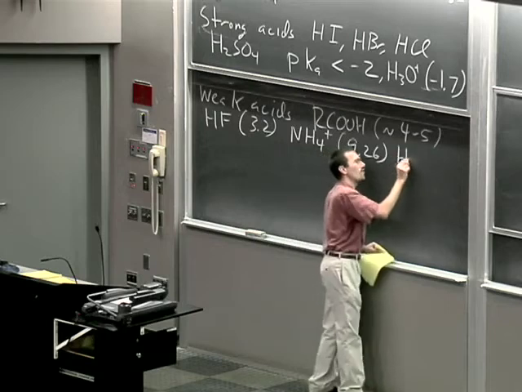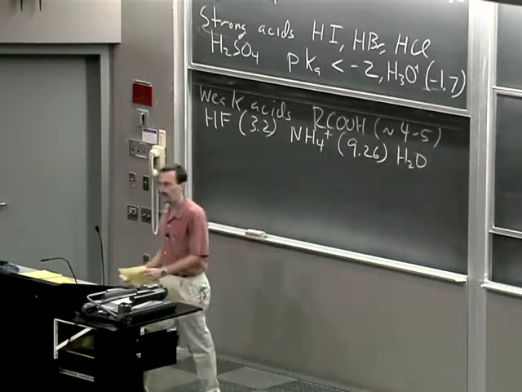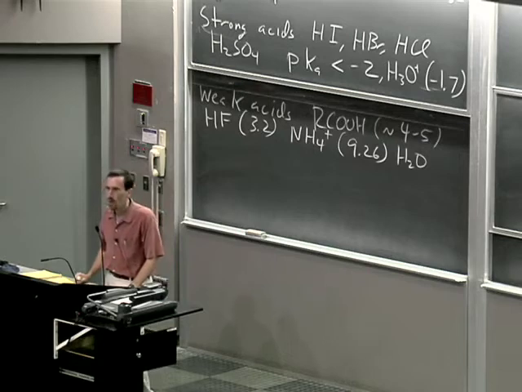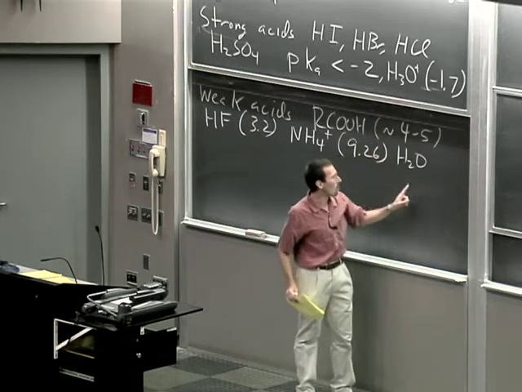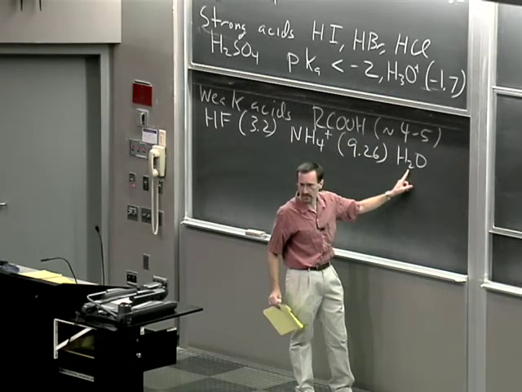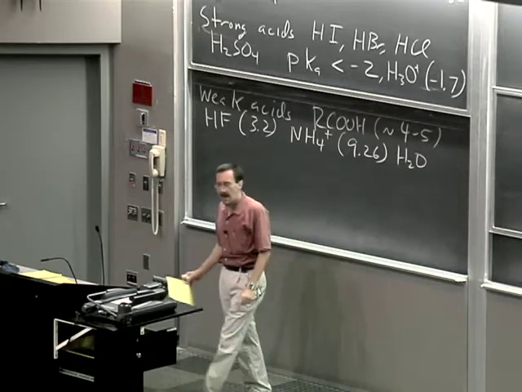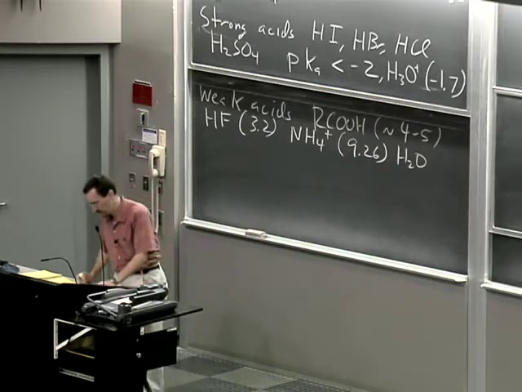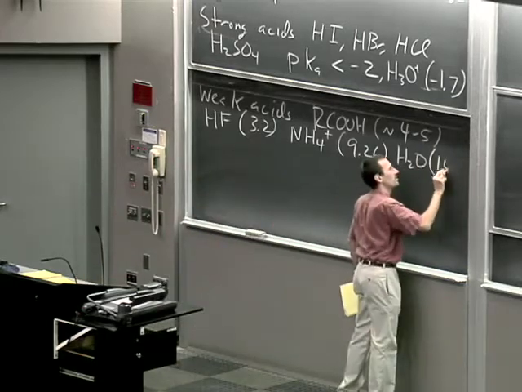If I have time, I want to come back to this at the end of today's lecture because this often confuses students. Water can act as either a base picking up a proton to give hydronium ion, or an acid giving up a proton to form hydroxide ion. As an acid, water is a weak acid. Its pKa is 15.7.